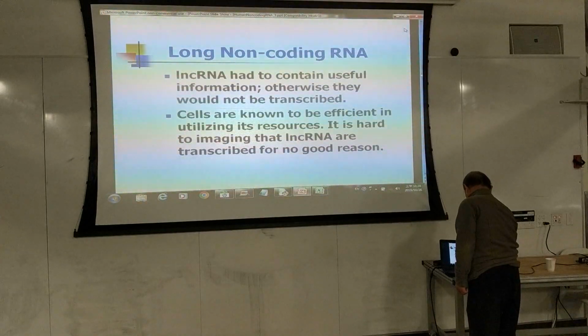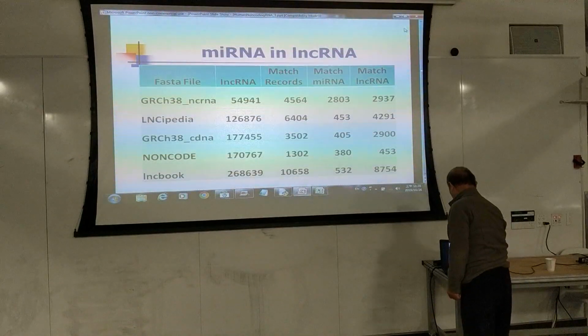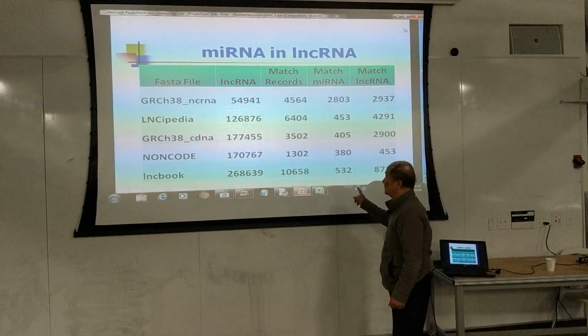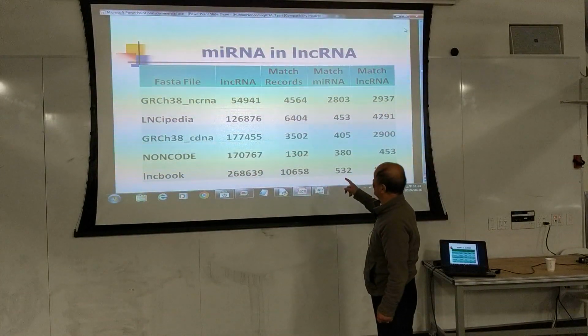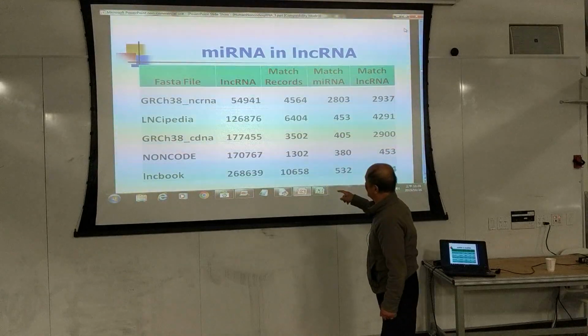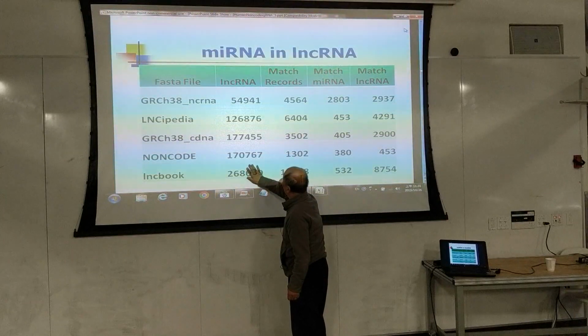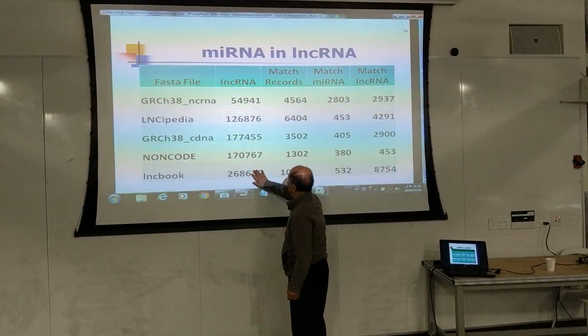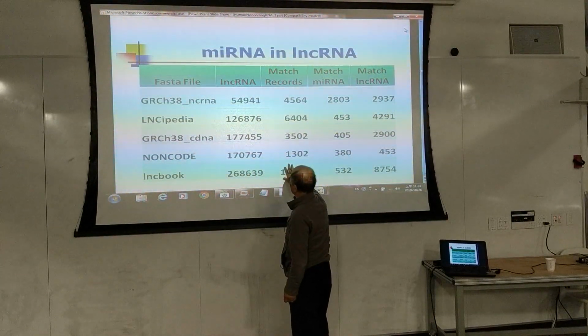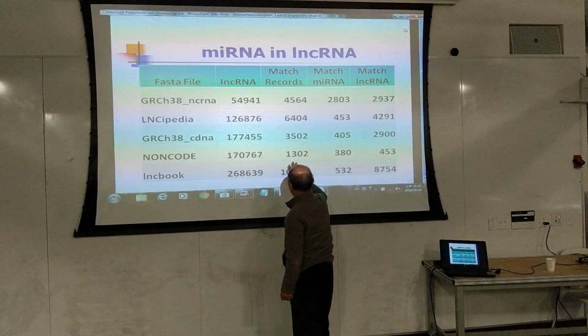I would like to see that there are long non-coding RNAs, and long non-coding RNAs have lots of pers, and many of the pers are actually microRNAs. That's what I want to see.